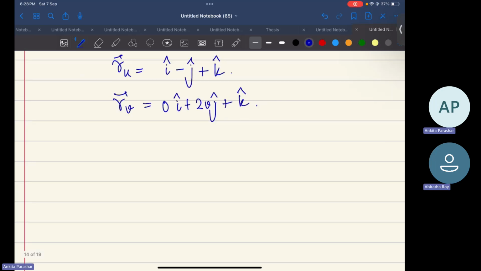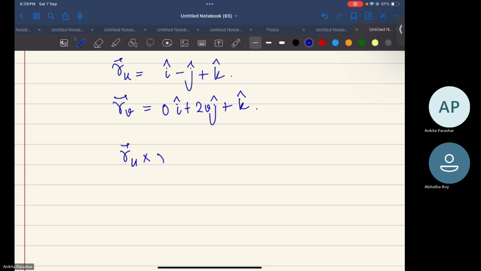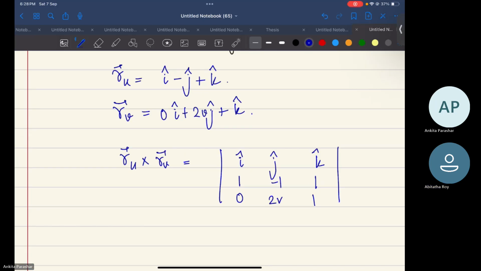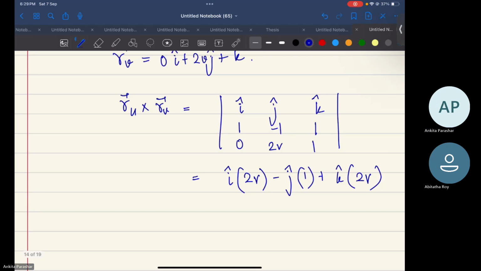Is this okay? Are you getting the same? The cross product should be 2v minus 1. Is that what you are getting? Just a moment. No, I did something wrong with this. The i cap is wrong.